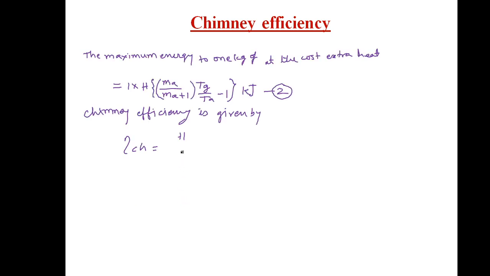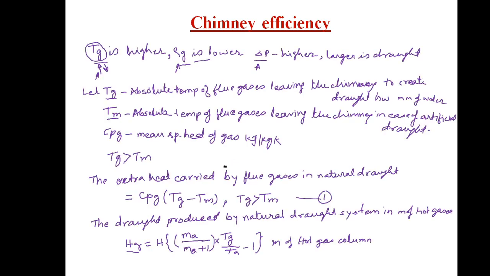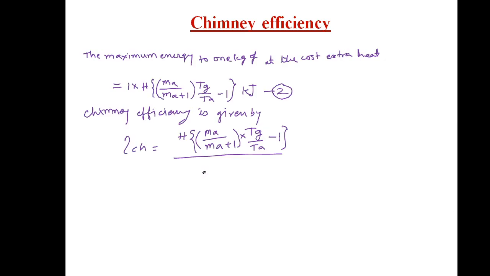So this is the ratio of equation number 2 divided by equation number 1: bracket Ma divided by Ma plus 1 into Tg divided by Ta minus 1, whole divided by equation number 1, which is given here, Cpg in bracket Tg minus Tm.